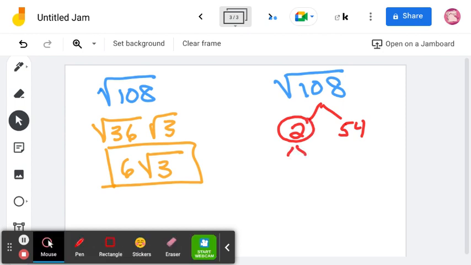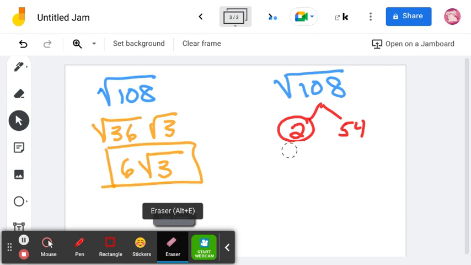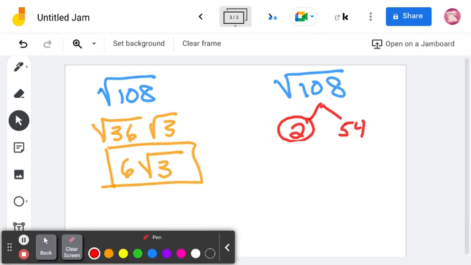You can't make that any smaller. So that's why I circled it. 54, I know 6 times 9 is 54. And the 6 is not 3 and 3, it's 2 times 3. And those are both prime numbers. And then 9 is 3 times 3.